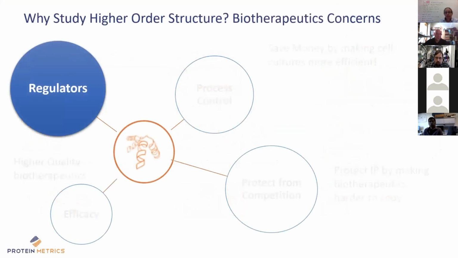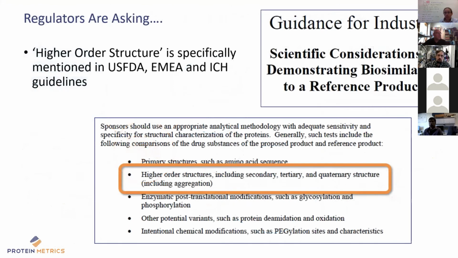There are lots of reasons to do it, not just some of the work you're seeing here today, but also because, in fact, it's highly demanded by the regulators in the biopharmaceutical world. So they specifically ask for this as part of the guidance. And it's always a bit of a mystery to us why oxidative footprinting and radical footprinting and those techniques aren't much more prevalent in this world, because they tell you so much. They tell you so much more information than you would otherwise get from some of the older techniques as well.